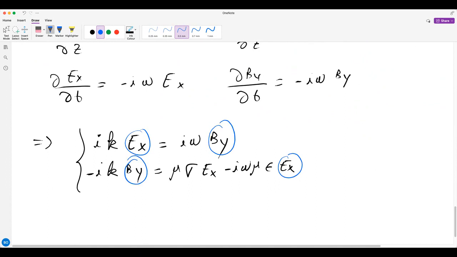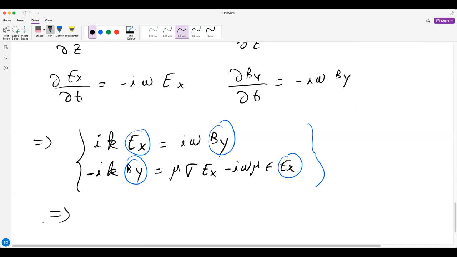What I want to do, I can cancel those two equations. I can easily substitute, by the way, and if I substitute this, I will end up with this. You can do it.